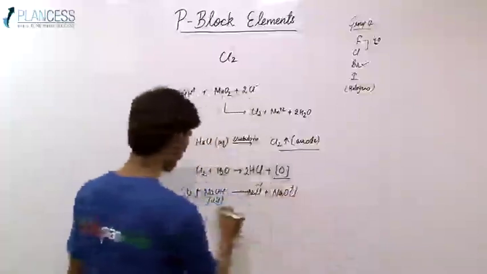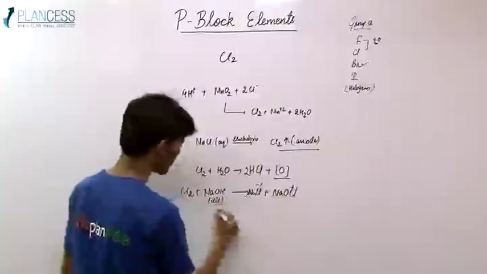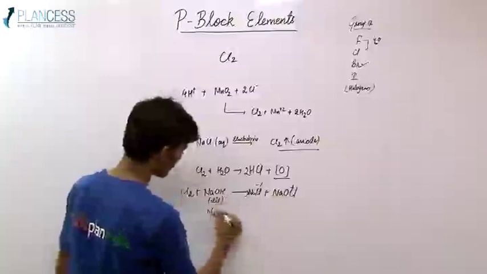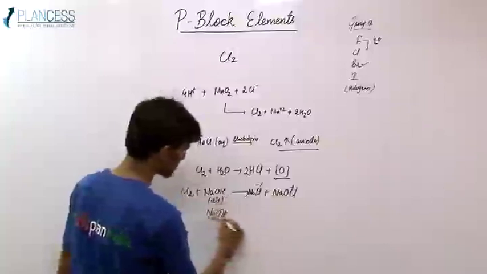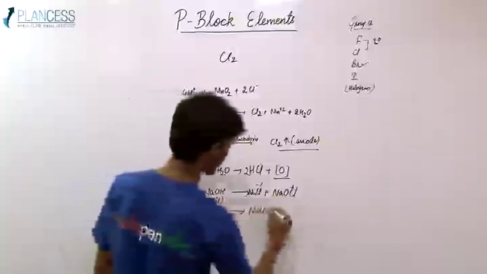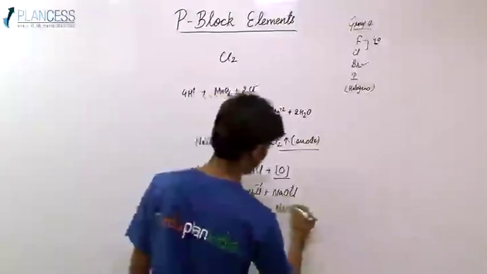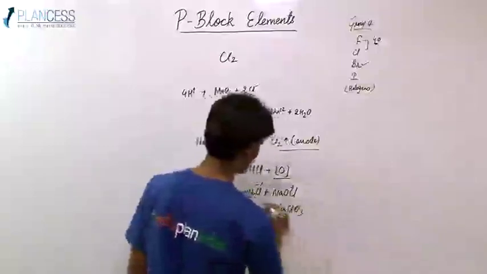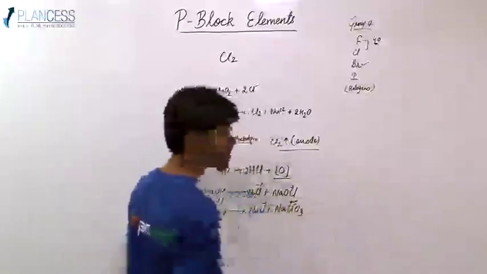However, if the NaOH used is concentrated, then the products would be NaCl and NaClO3, that is Cl in -1 and +5 oxidation state.